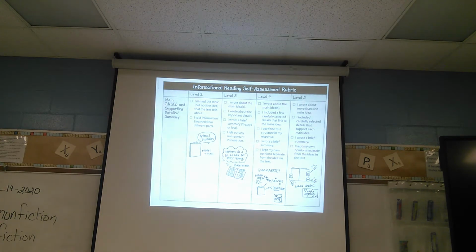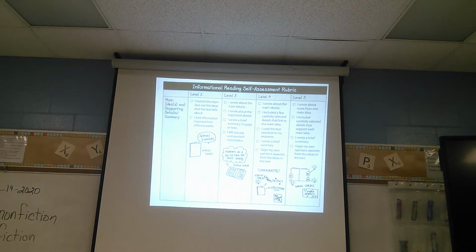The main idea was the center, your palm, and then each finger was a detail that supported it. So when you're reading nonfiction and you want to know what kind of notes to take, you want to apply identifying the text structure, and then determine what the important details are and the main idea. What is the author saying about this topic?